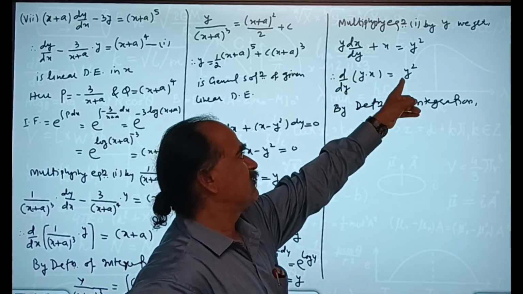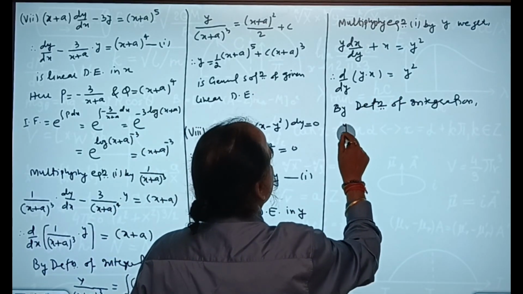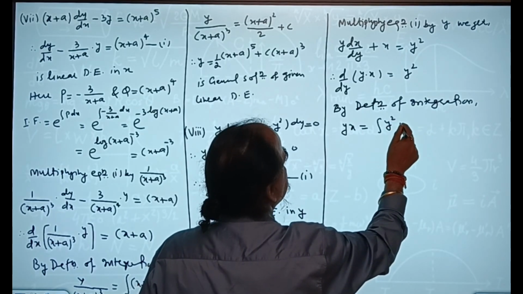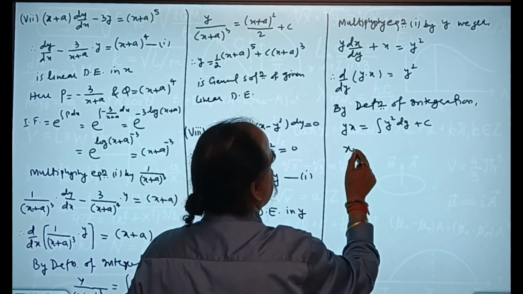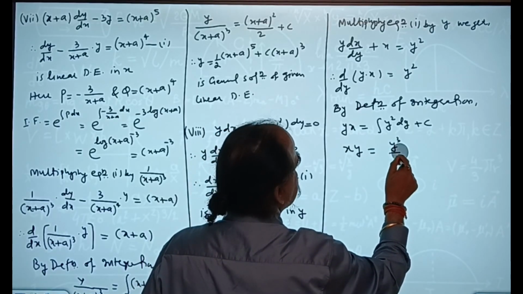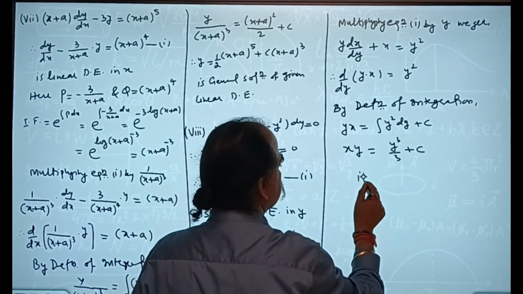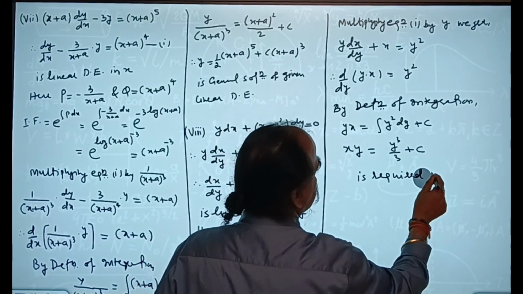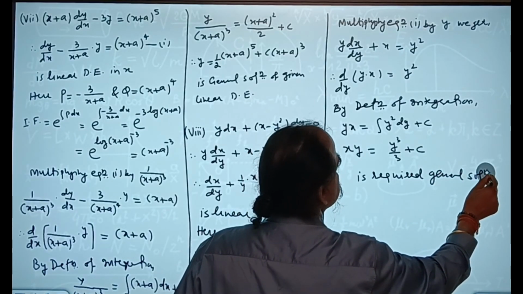So integration of this with respect to y will be this function. So yx is the integral of y square dy plus c. xy is y cube by 3 plus c, which is the required general solution.